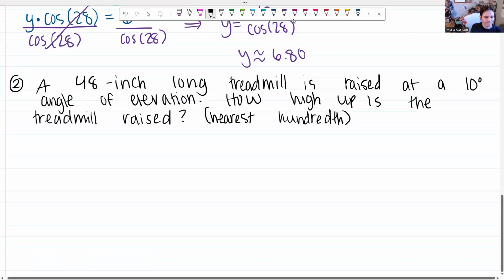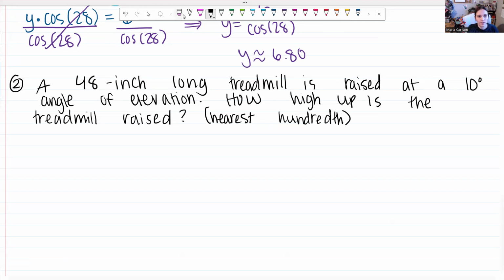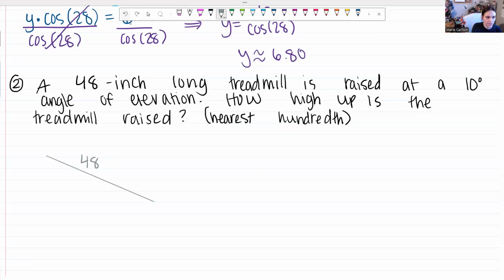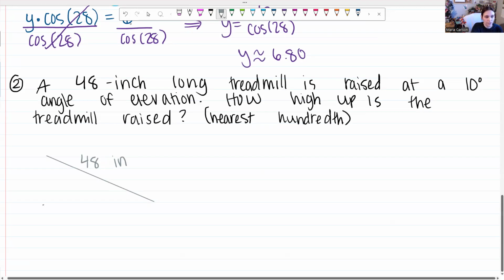All right. So we have this treadmill that is raised up at an angle of elevation. So let's draw this treadmill. Here's my treadmill. And we know this treadmill is 48 inches long. And it's raised up from the ground. So here's the ground, which I should maybe raise up just a little bit.